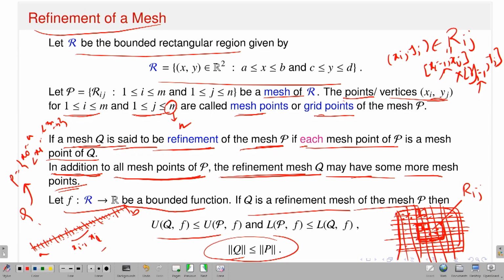So therefore if I have a bounded function, if I have a partition P, and I take a finer partition, my upper sum will decrease and my lower sum will increase. So the question is, at some point if I take finer and finer partitions, the upper sum will decrease and the lower sum will increase, and of course the lower sum is less than or equal to the upper sum, because the upper sum is associated with the supremum of the functional values f(x,y) running over the cell Rij, and the lower sum is associated with the infimum of the functional values f(x,y) running over that cell Rij, and of course infimum is less than or equal to supremum.